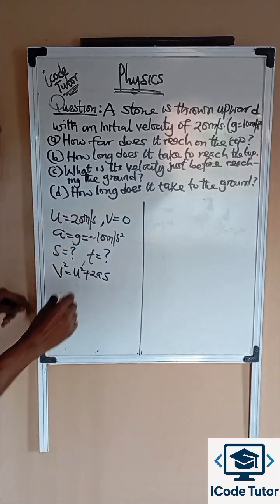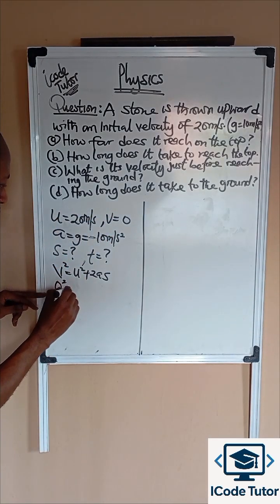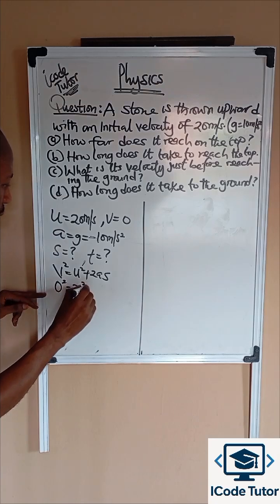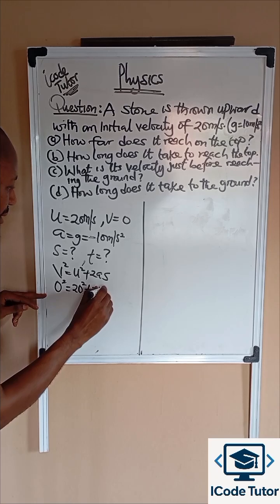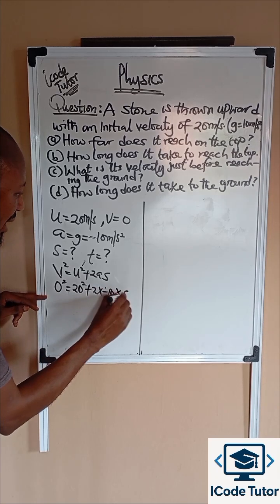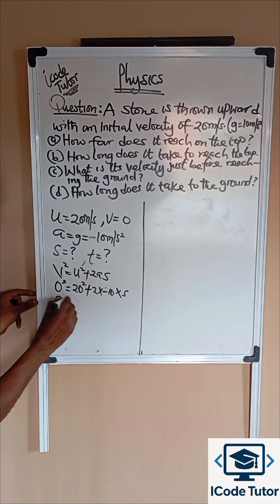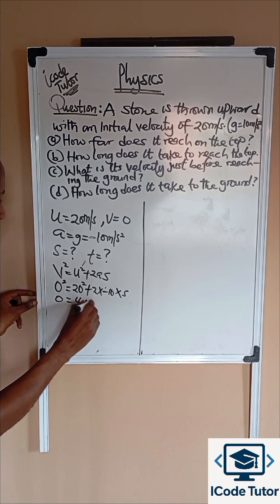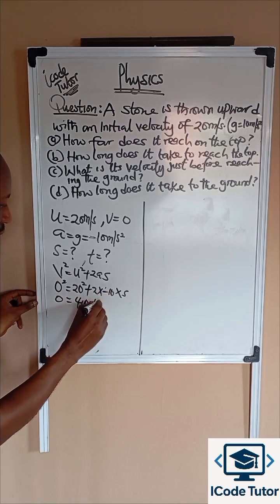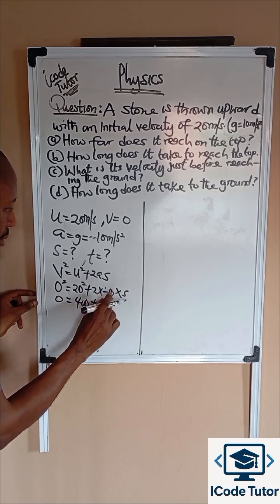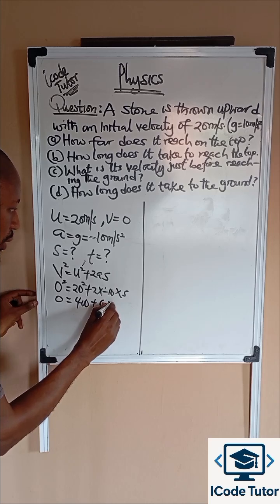So this will be 0 square equals 20 square plus 2 times minus 10 times our distance. That's 0 equals 400 plus 2 times minus 10, that's minus 20x.